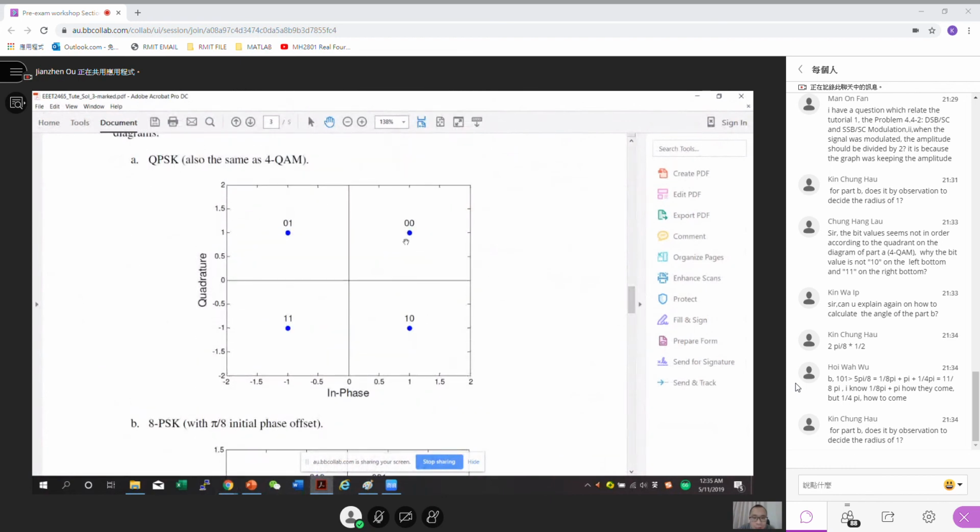It's all given in the question. You can go for 0, 0, 1, 0, 0, 1, 1, 1, something like that, without any problem. It's something that you define in the constellation diagram. Normally the question will be given in the exam paper.